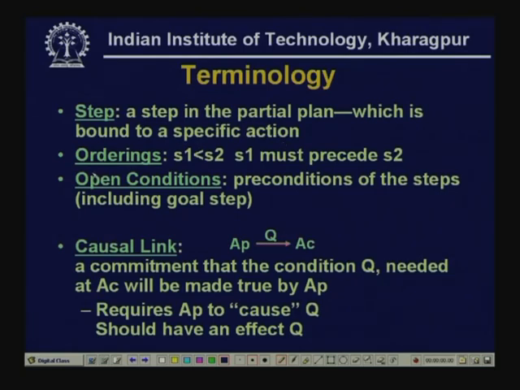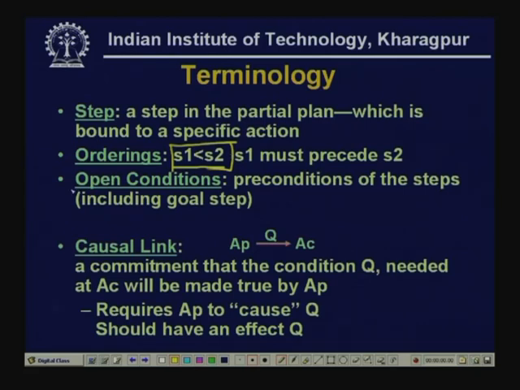Then in a partial plan, we will have orderings of the form S1 before S2, which means S1 must precede S2. If S1 is an action and S2 is another action, action S1 must come before action S2. It may come immediately before action S2 or sometime before action S2.